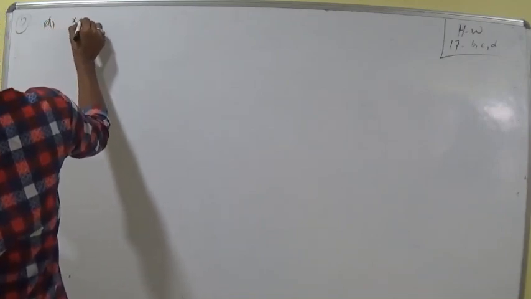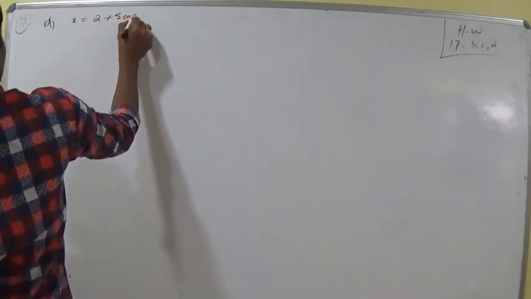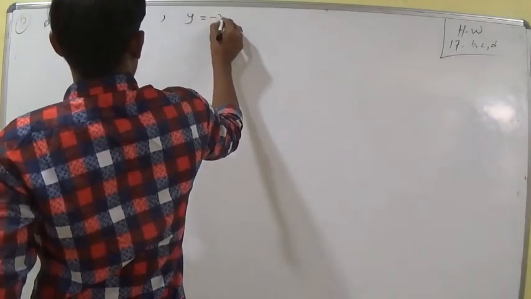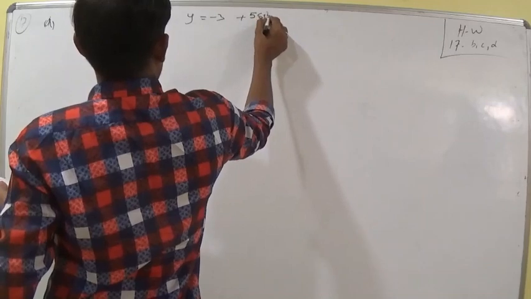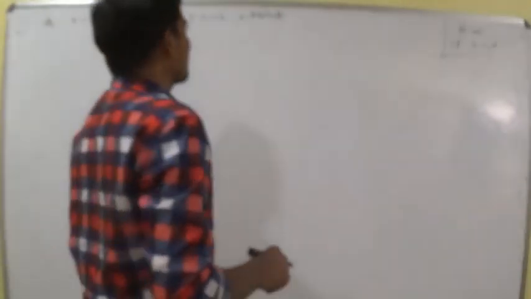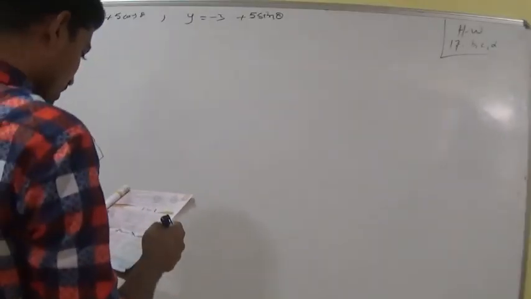x equal to 2 plus 5 cos theta, y equal to minus 3 plus 5 sin theta. Here the same process we have to follow. This is in the form of the above one.